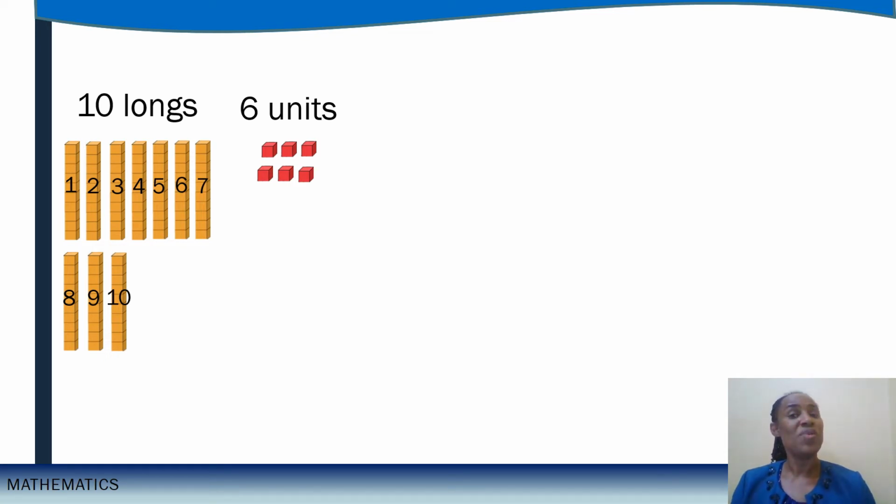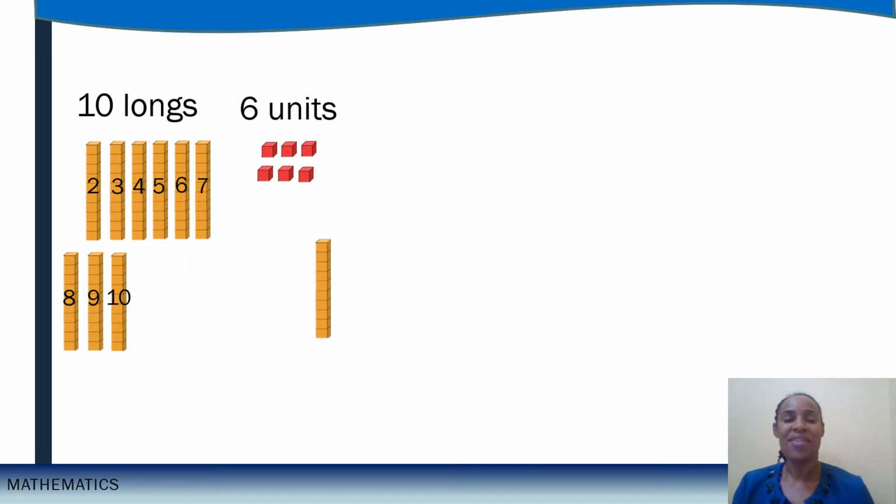Now what would you rename the longs as? I'm sure I heard you say flat. How many longs make one flat? Great going, boys and girls. 10 longs make one flat. So we could rename the 10 longs as one flat. Let's see how that is done.